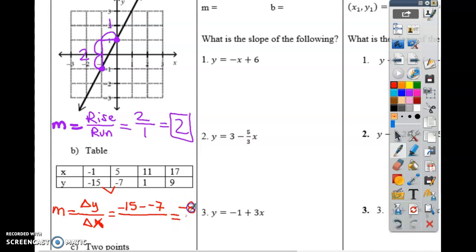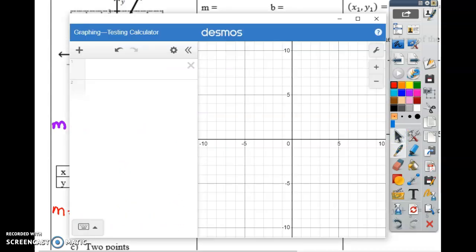Negative 8 over. Then the change of x. How much are the x changing by? So that's negative 1 minus 5. What's negative 1 minus 5? Negative 6. Okay, now divide these two. Negative 8 divided by negative 6.